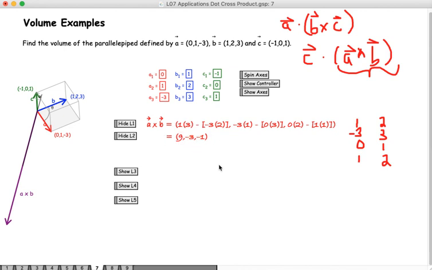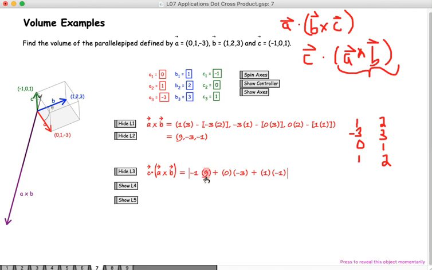Then I want to dot this vector with the remaining vector, which is C. So I should have negative 1 times 9 plus 0 times negative 3 plus 1 times negative 1, which is exactly what we have here. Of course, I'm putting absolute value around that in case this comes back negative. It is a volume, and volume should always be positive.